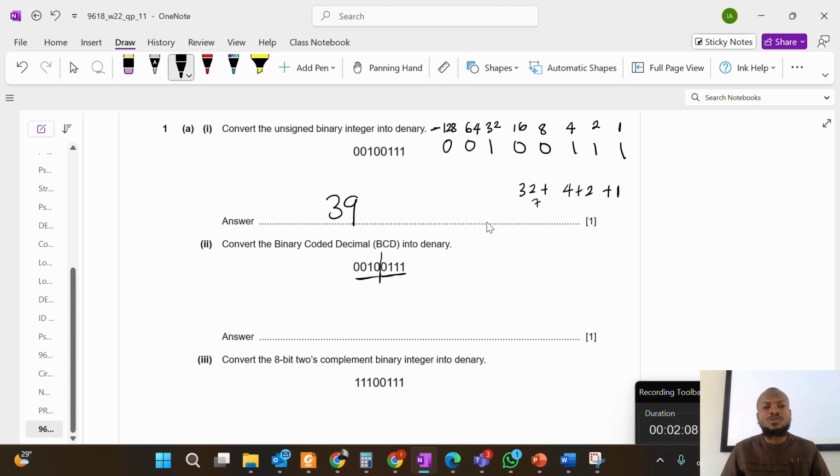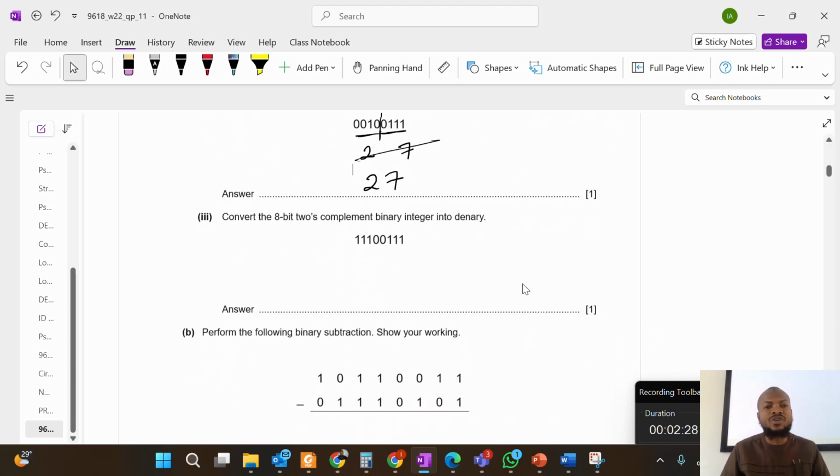Okay, so 0111 is 7, using 2 raised to power 0, 2 raised to power 1, 2 raised to power 2, the normal way you convert to base 10. So this will be 7 and this is 2, so the answer is 27.